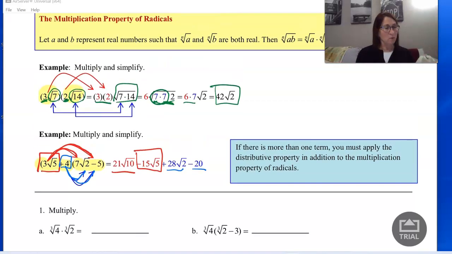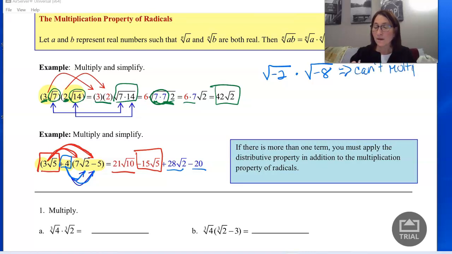What if we had something that looked like this? So we've got root negative 2 times root negative 8. Okay. So you can't multiply these. Why? Because when I multiply 2 negatives, I get a positive. So I know that the root of negative 2 is not a real number.